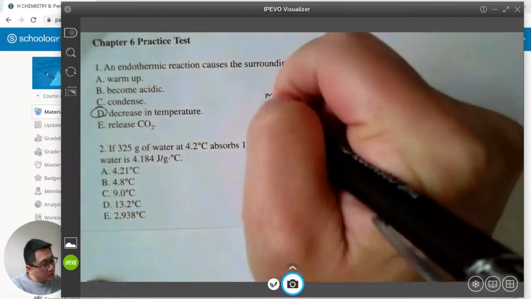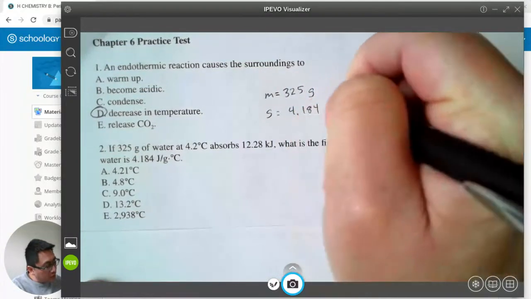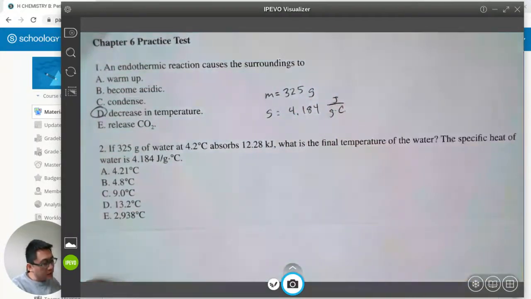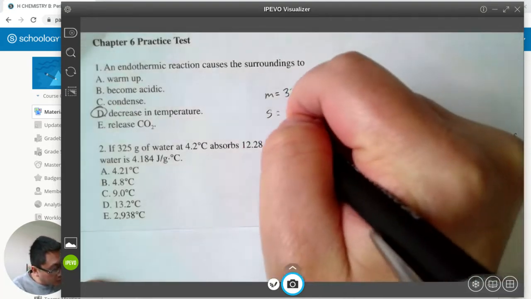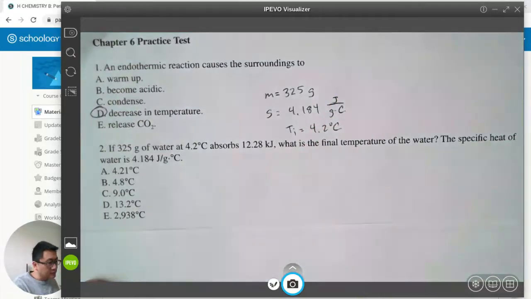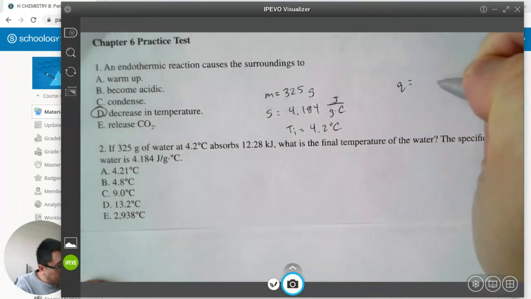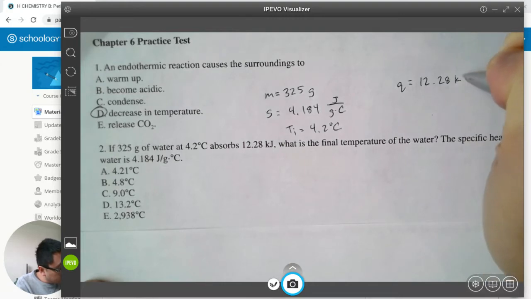The specific heat of the water is 4.184 joules per gram Celsius. The initial temperature is 4.2 degrees Celsius. And it absorbs the amount of heat, Q, of 12.28 kilojoules.